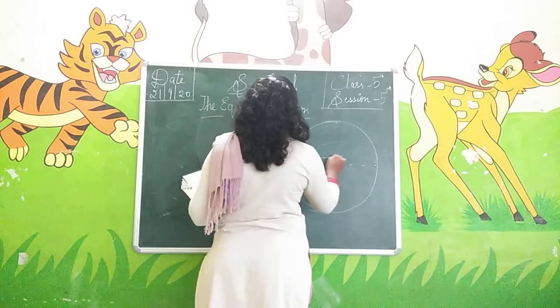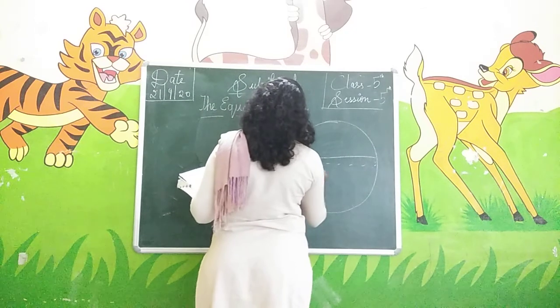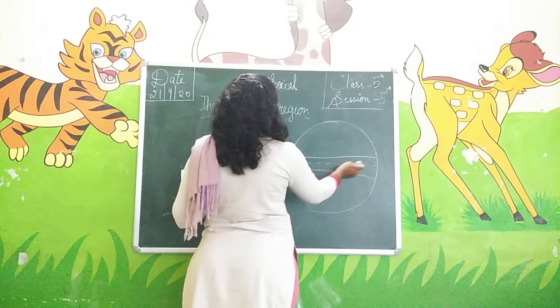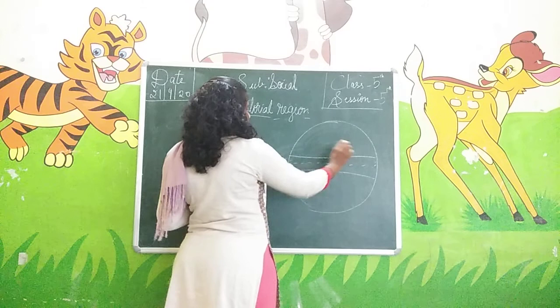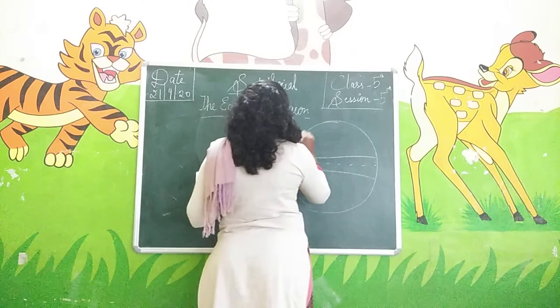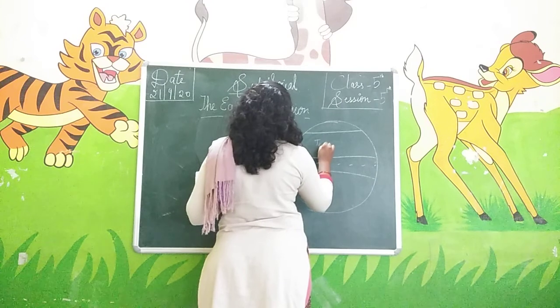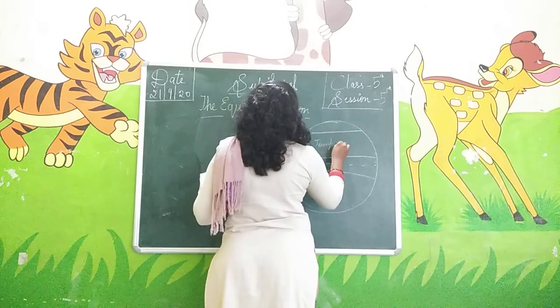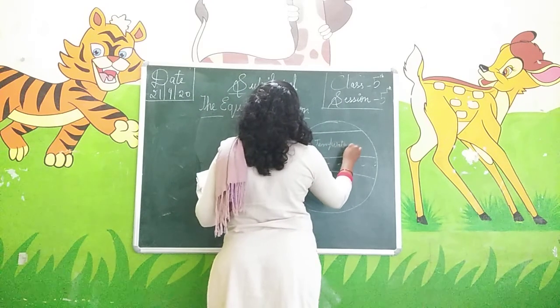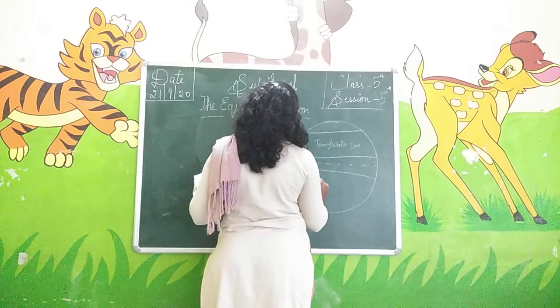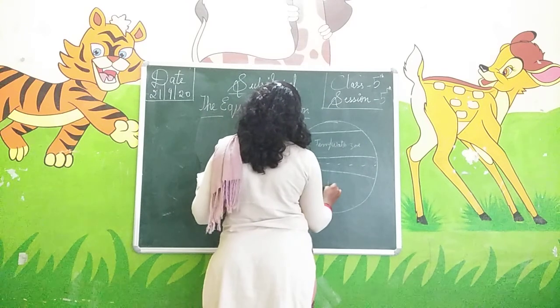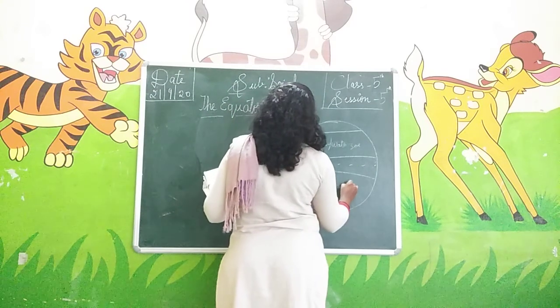Again, the earth is divided into 3 heat zones. The middle part of the earth is called what? Torrid zone, and above is the northern temperate zone, and the southern temperate zone.